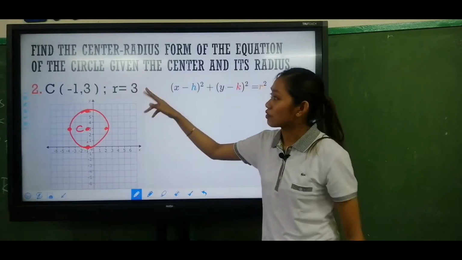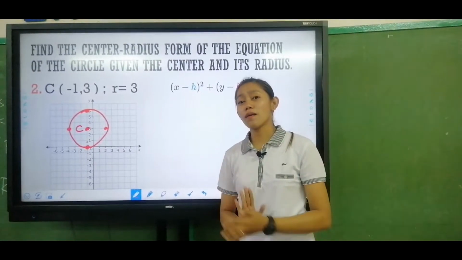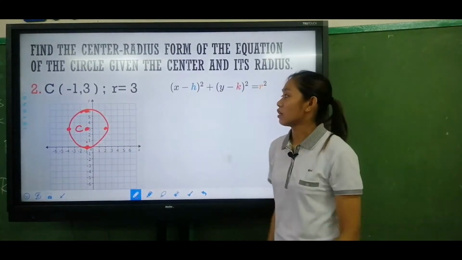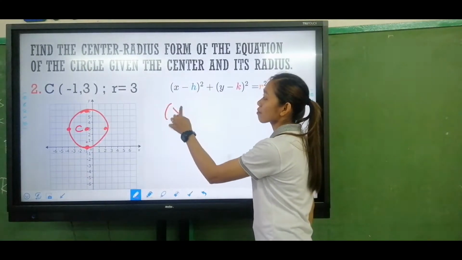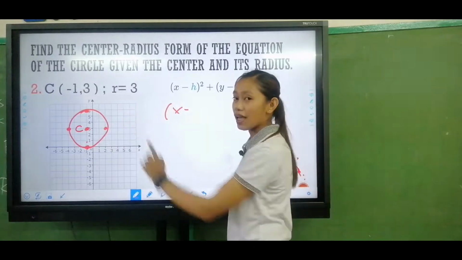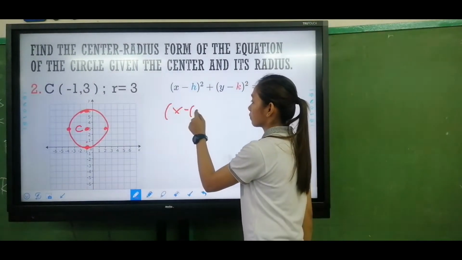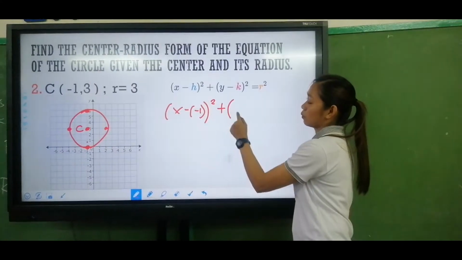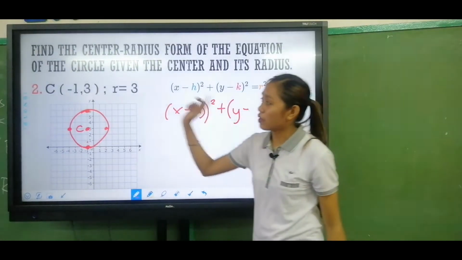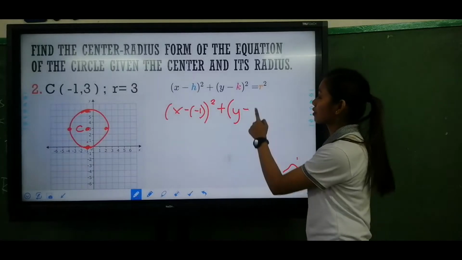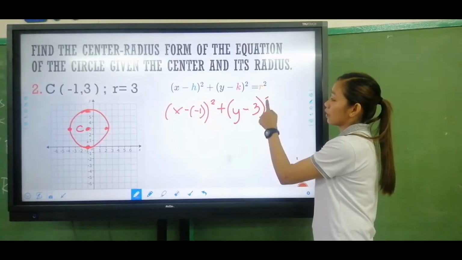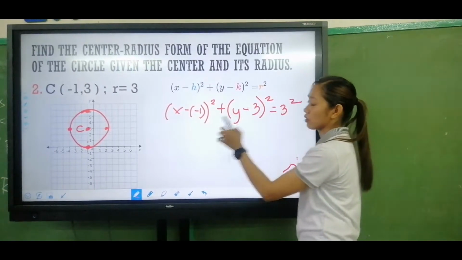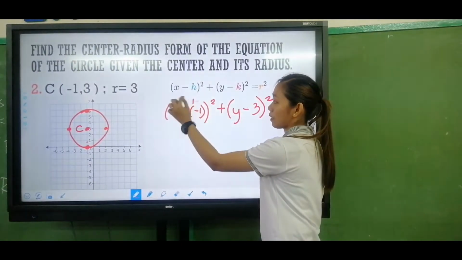Next, let's solve. It says to find the center-radius form of the circle given our center and the radius. Let's substitute: x minus h. Our h again is -1, so (x - (-1))² plus y minus the y-coordinate, which is 3, squared, is equal to the radius 3 squared. Negative and negative becomes positive.